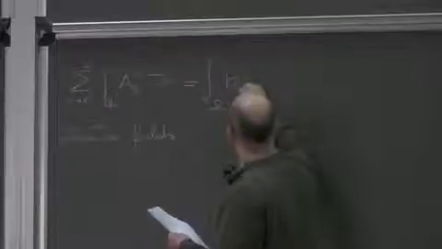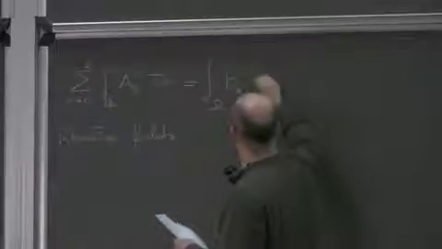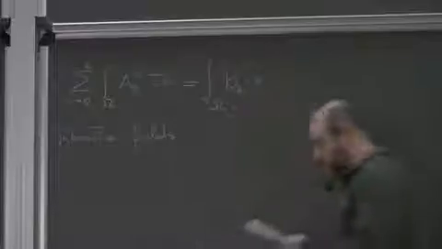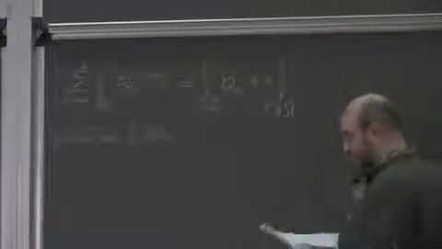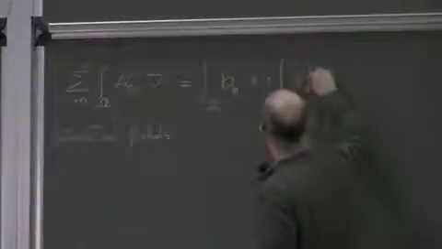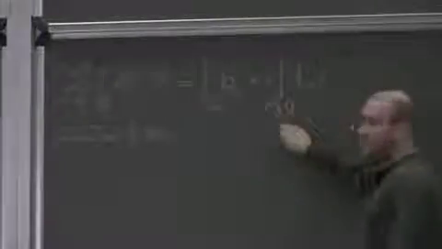I will write in a moment what they are, but we have first a volume integral of B(u) dotted with V, plus a first surface integral of T(u) dotted with V on the surface.